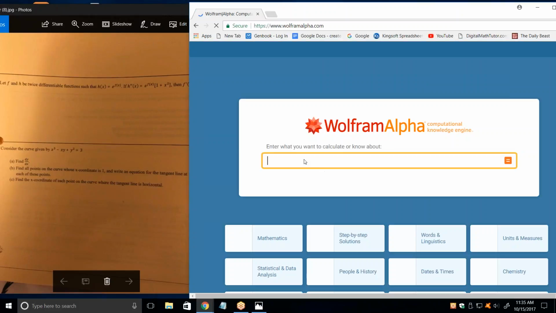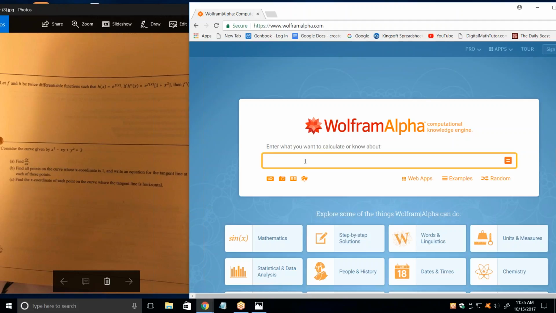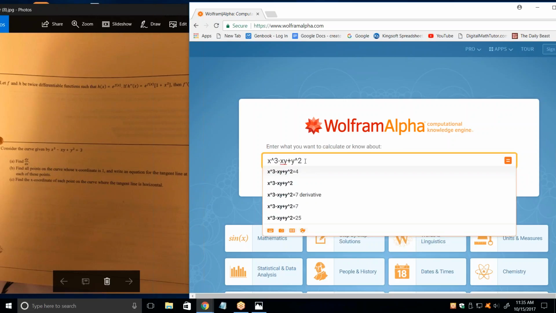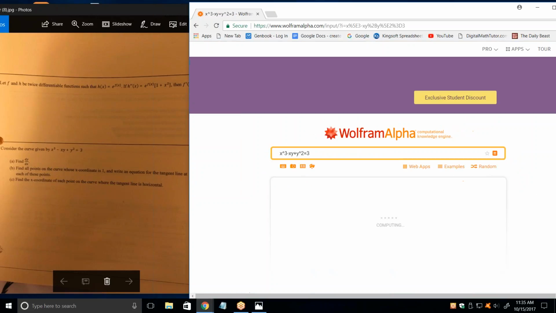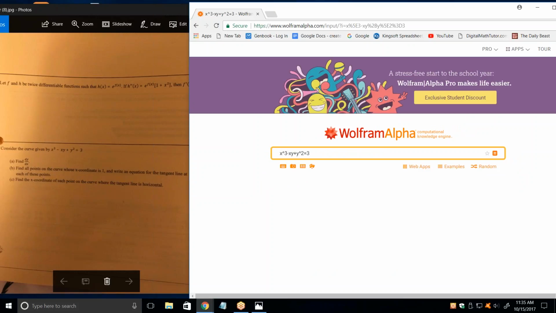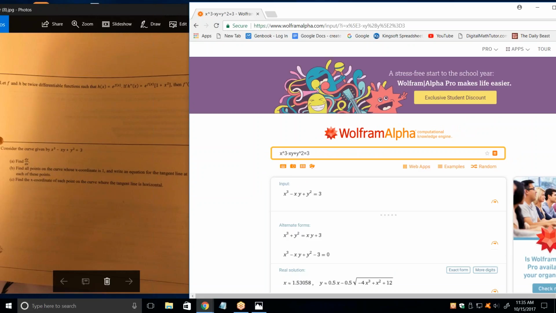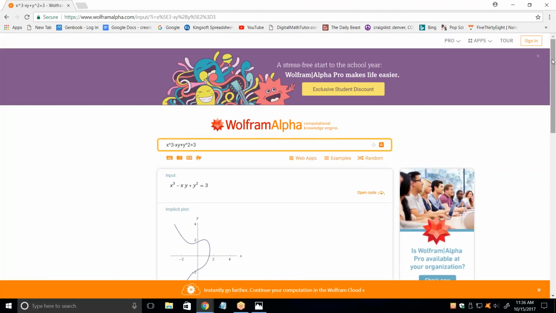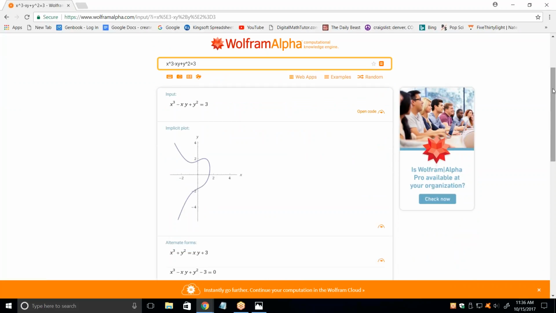Now, we always want to graph the original function. Okay, so it's x cubed minus xy plus y squared equals 3. All right. If we look at that curve, we immediately see that it is definitely not a function, does not pass the vertical line test.